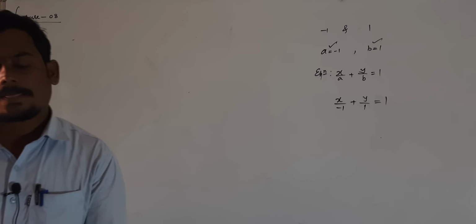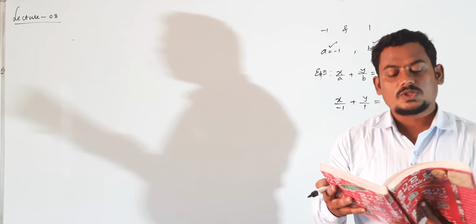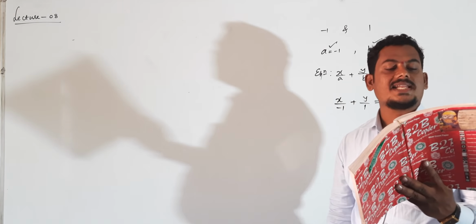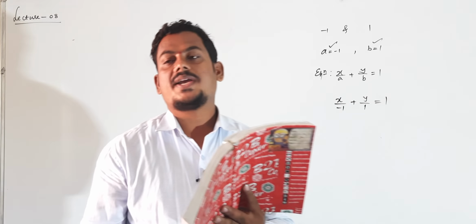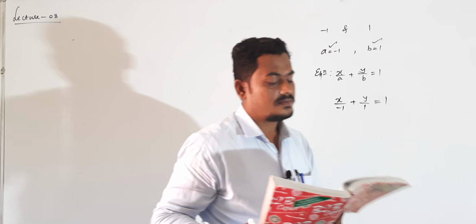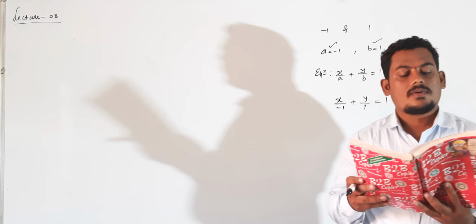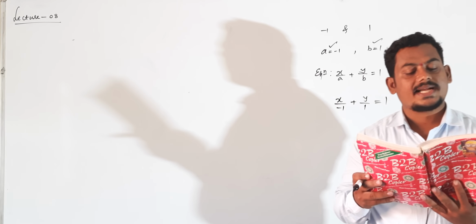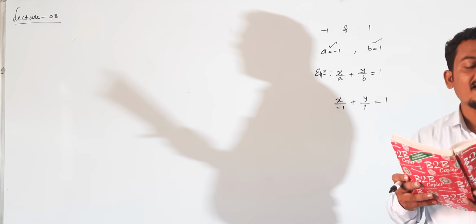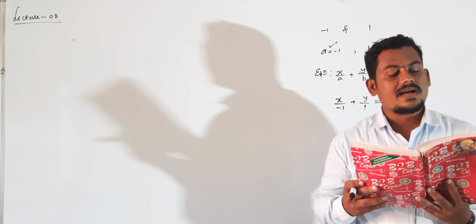Next question, find the equation of the line passing through -3, 5 and perpendicular to the line through the points 2, 5 and -3, 6.